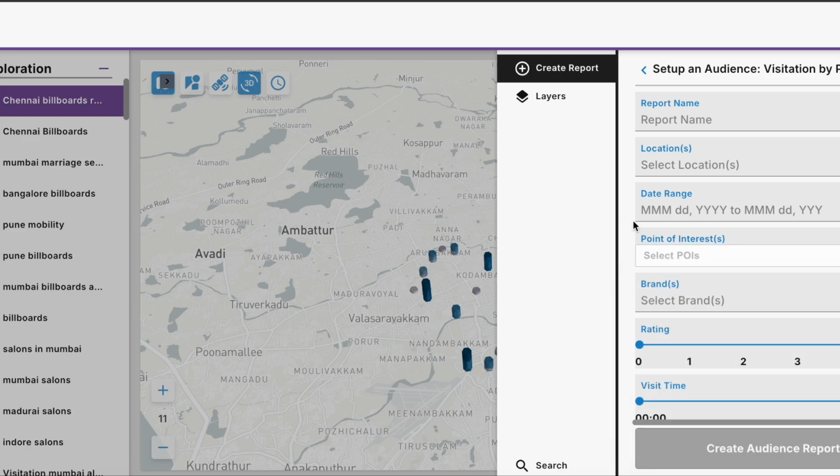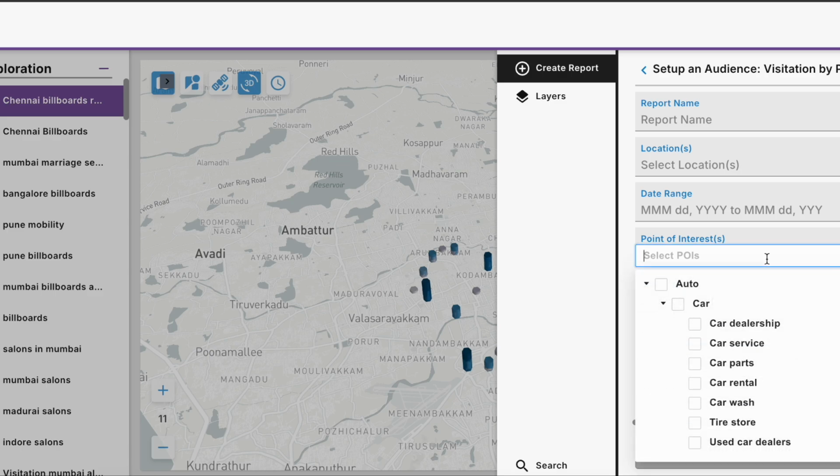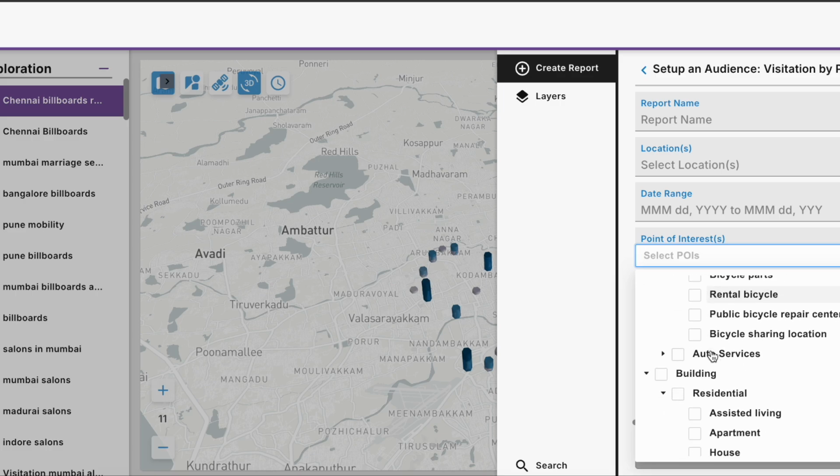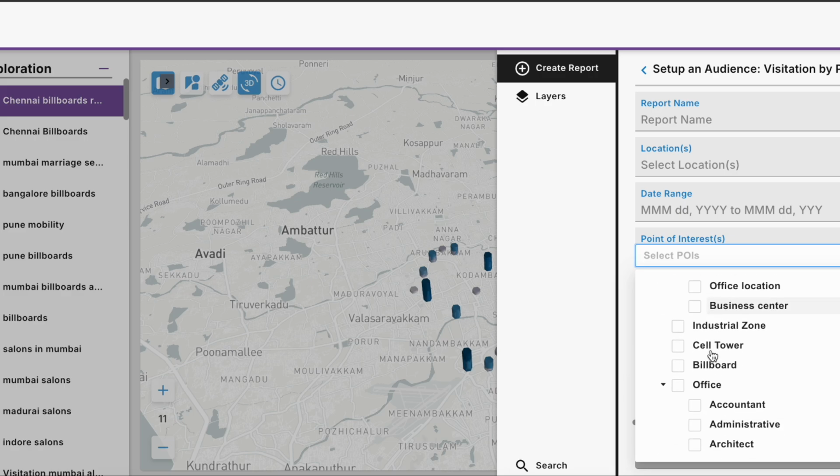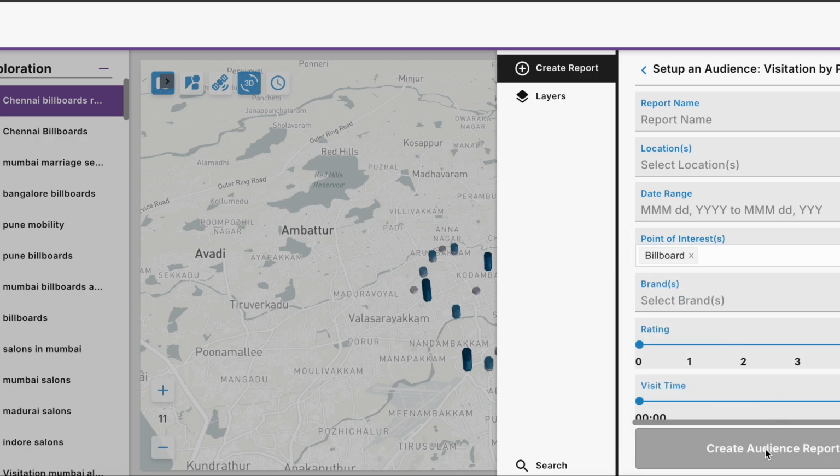Sherlock actually has over 50 million points of interest across all of India, and even more across countries like the United States and UAE. You could look at auto car dealers, all kinds of buildings, all kinds of colleges. But in this case, we're going to take billboards. There are tons of other points of interest, and we can get into those later.